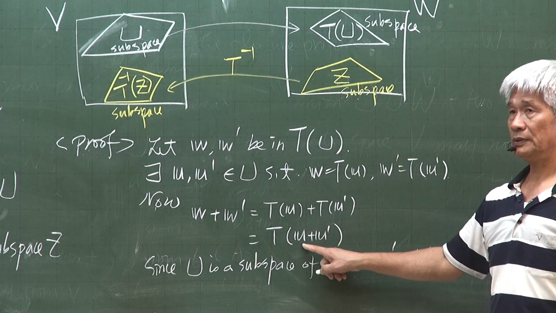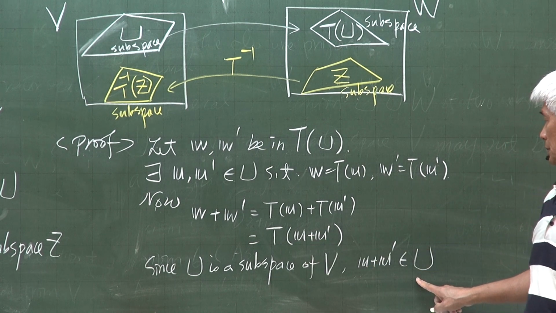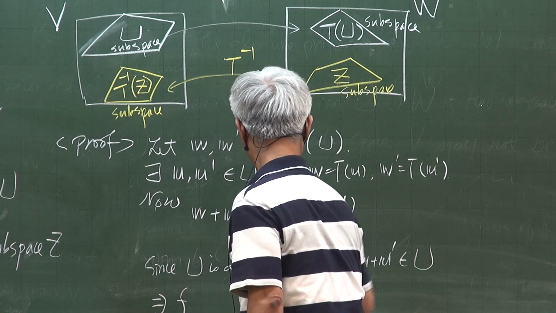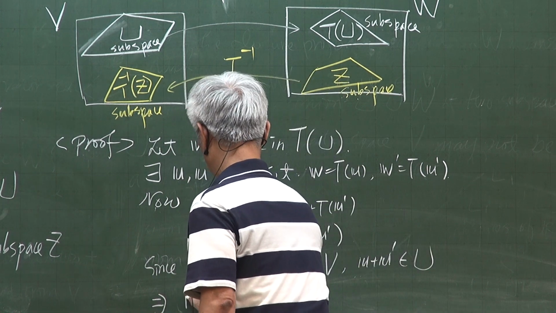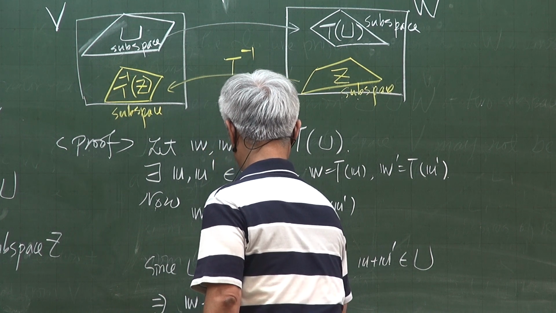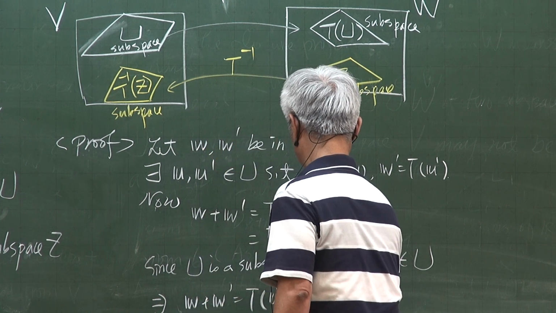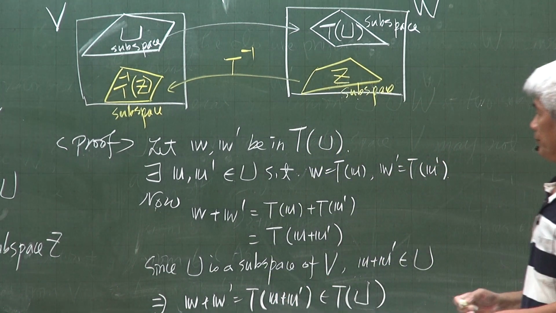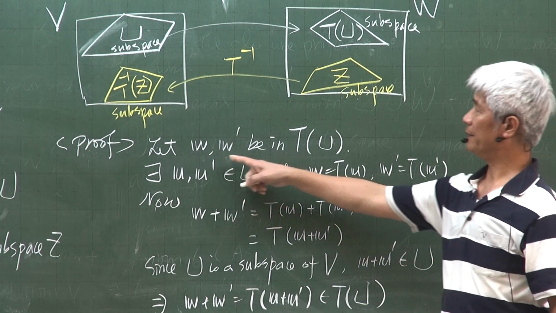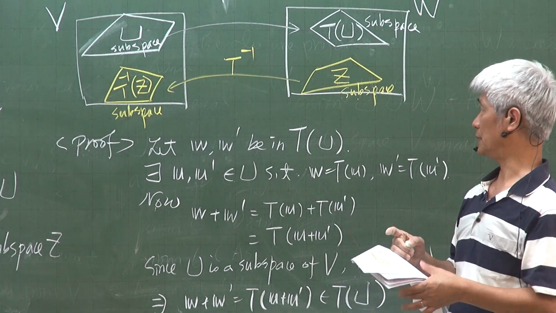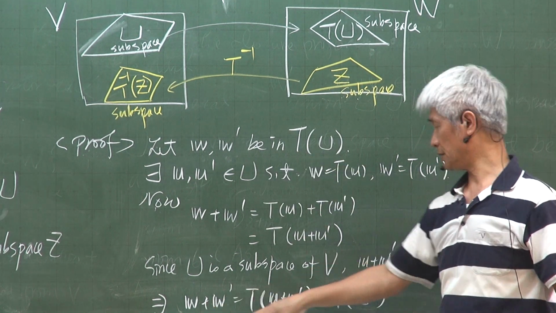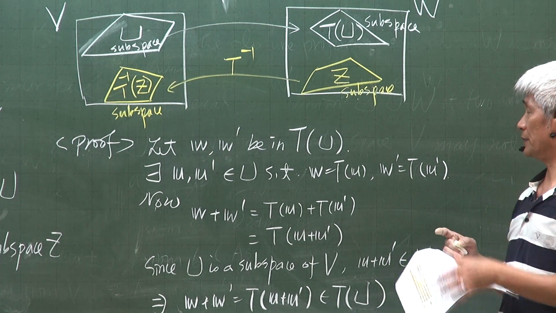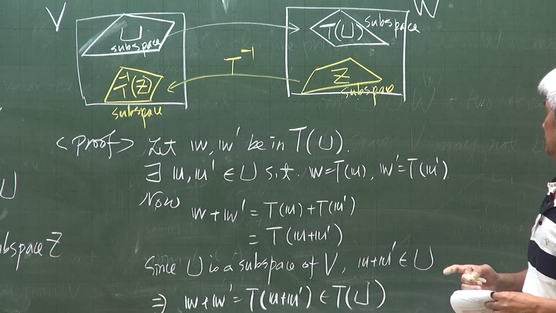Alright, so the sum is in U. Now this implies that w plus w prime, which is the image, is in T(U). Okay? So we prove that whenever we have two vectors in the image of U, their sum is also in the image of U. Okay? So the image of U is closed under vector addition.